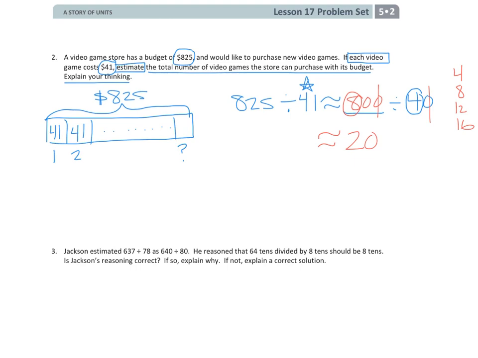So let's go ahead and write out a sentence. There is no question, but we are going to write a sentence to tell whoever's looking at our work that the 20 represents the number of video games that the store can actually purchase. So our sentence can be something very similar to this: The store would be able to purchase about 20 video games.